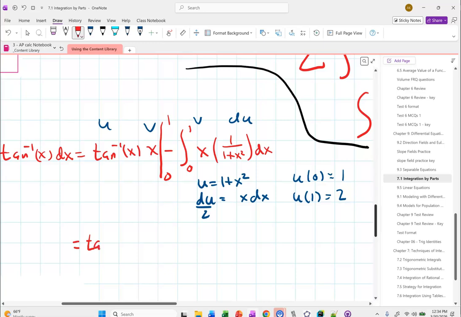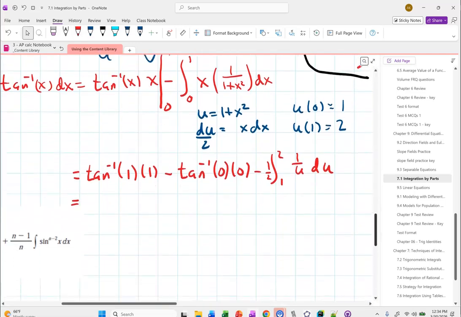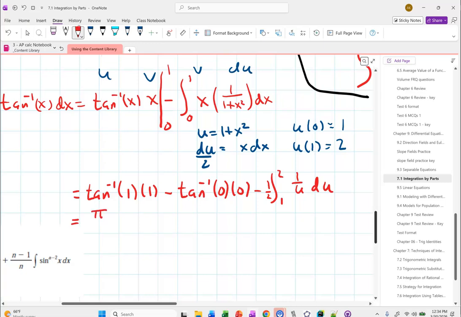All right. So I have tan inverse of 1 times 1 minus tan inverse of 0 times 0 minus the integral from 1 to 2 of 1 over u, and then I'll put the 1/2 out front, du. Everybody okay? Tan inverse of 1 is pi over 4.